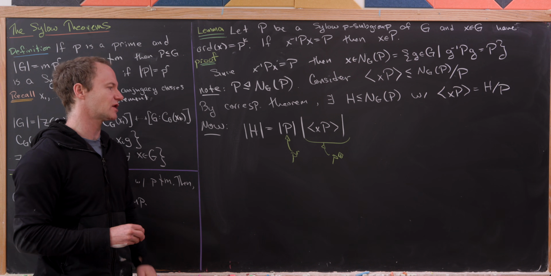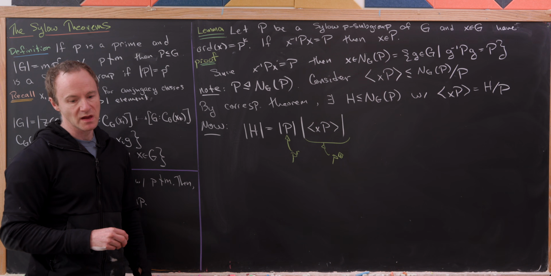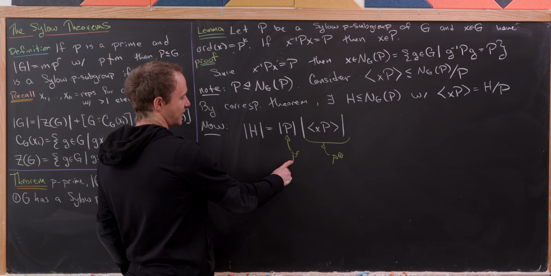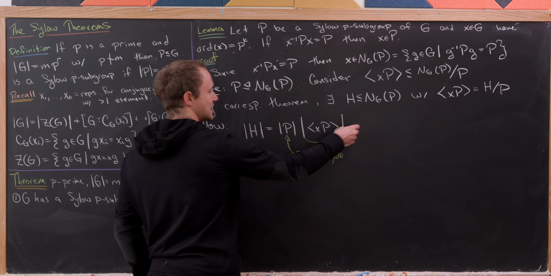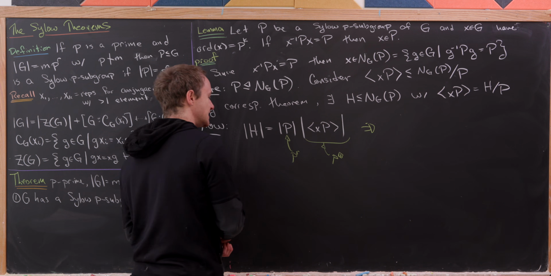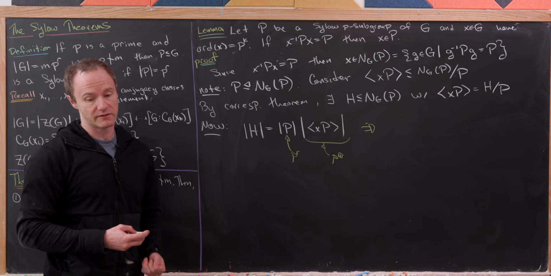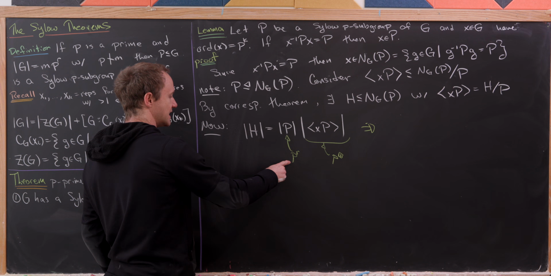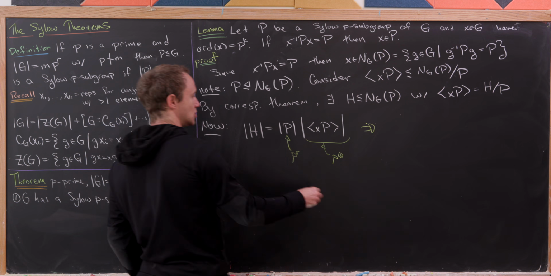Okay, so anyway, let's look at what we've got here. This thing right here is a power of a prime. That means the size of H is also a power of a prime. But notice that the order here is p to the r or larger.